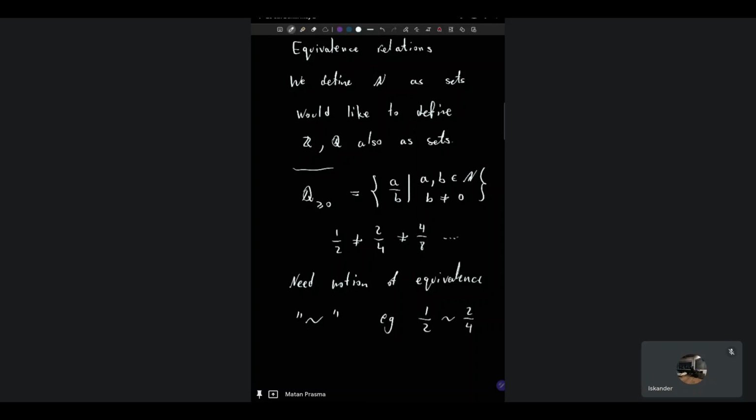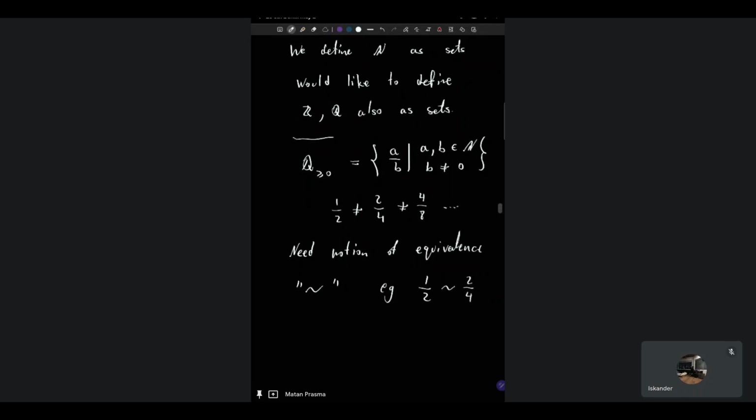But what are the basic properties that we expect from an equivalence notion? This is given in the following definition. Or maybe I'll postpone the definition.